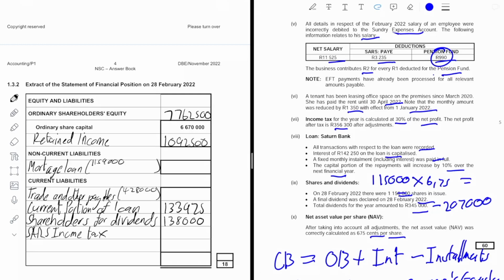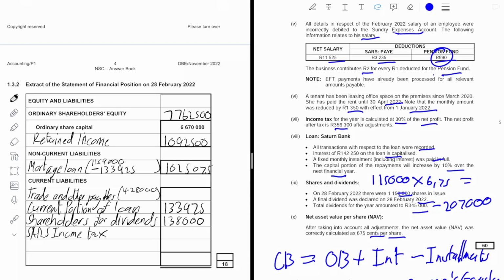Okay, and then I think we just need to complete the balance of this note. Firstly, my mortgage loan, I had a balance of 1,159,000. I need to subtract out the current portion of the loan, which we calculated earlier, and that's minus 133,925. That will give me a non-current portion of loan as 1,025,075.